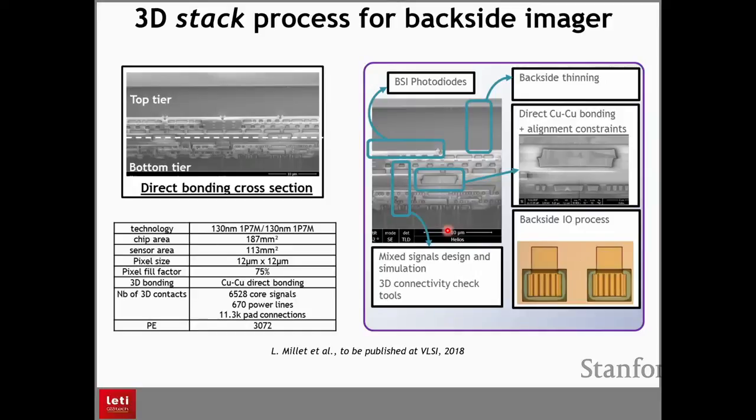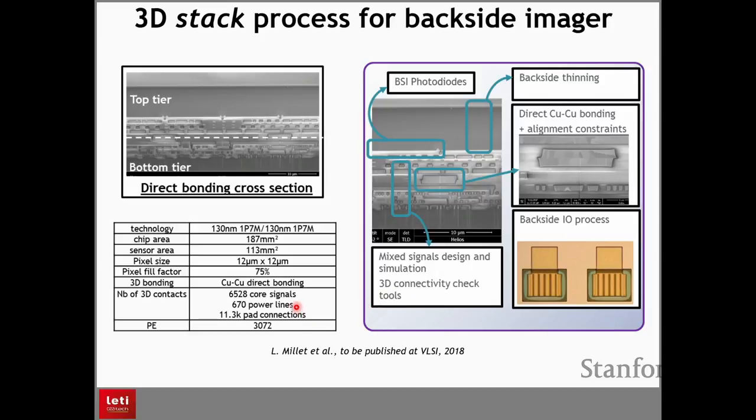I like to show this figure because they always have very nice pictures in the 3D technologies. Here you see the imager and the stack. Here you have the photodiodes. Of course, we need the photodiodes to backside illuminate the chip. And here you can see the vias, the copper-copper bonding. And on the bottom, we have all the mixed signal designs and all the 3D connectivity.